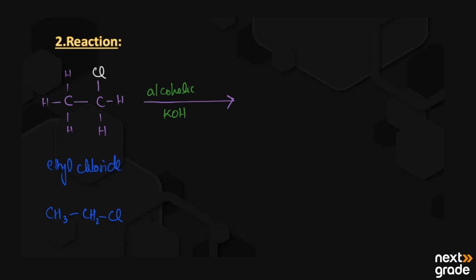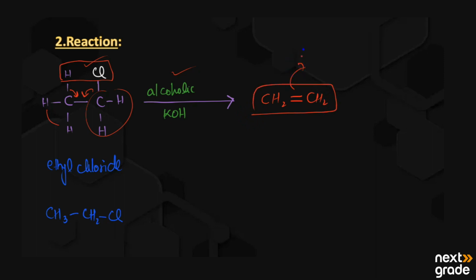Now what is going to happen? This chlorine atom and this hydrogen atom from two adjacent carbon atoms will be removed by the alcoholic KOH, and there is a formation of the double bond. So there is a formation of ethene, CH2=CH2, from the ethyl chloride, plus HCl.